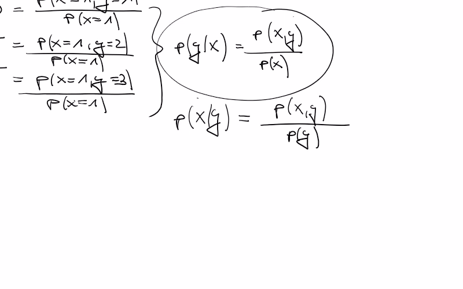Here the inference was just that y and x have been reversed. If you reverse x and y here, that doesn't matter because it's just the joint distribution. So the only thing that needs to change is what is in the denominator.